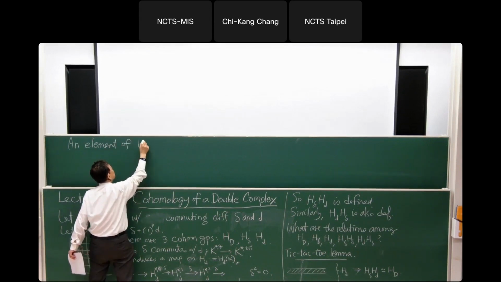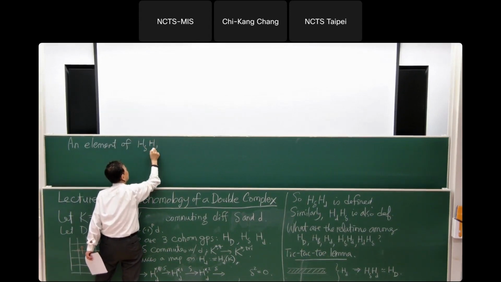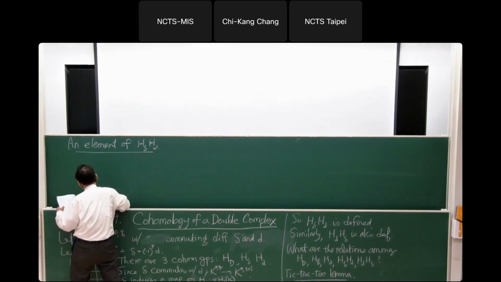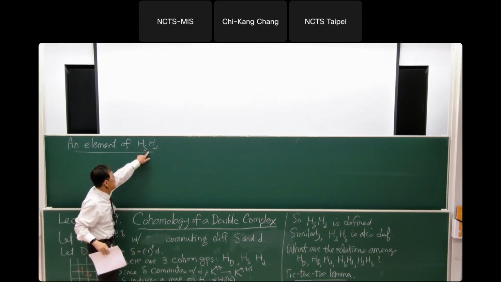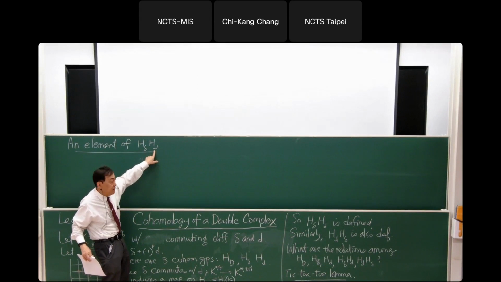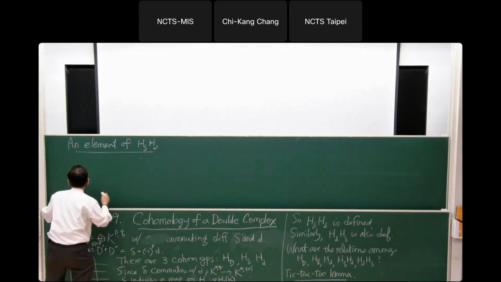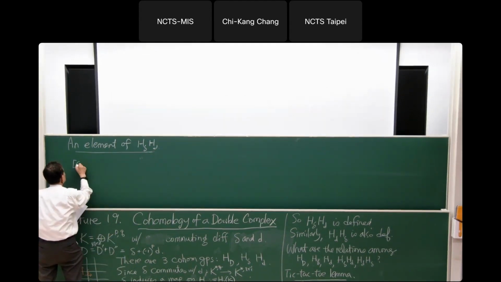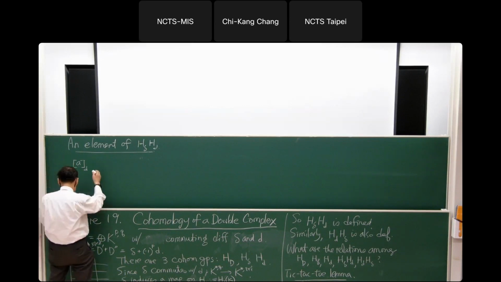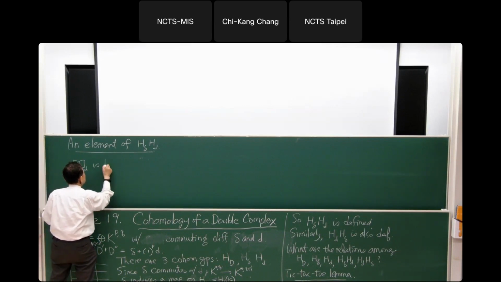To be an element of H_delta H_d, first, it has to be in H_d. So if you have an element a in the double complex and it defines a class in H_d, what does that mean?